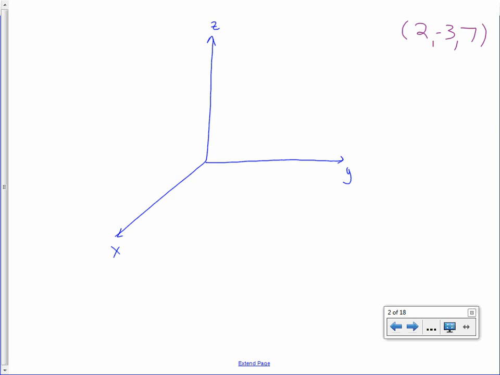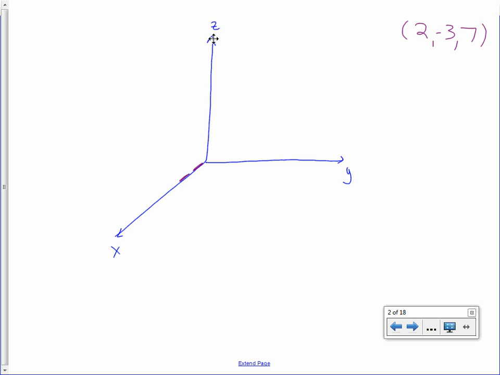Decide that this little dash length is 1 unit, your default 1 unit. You decide how big you want to make it, but be consistent on your paper. You see I counted out 2 dashes, and I'm not going to put a dot here because I'm not done, but I'm leaving a trail. I went 2 units in the x direction.